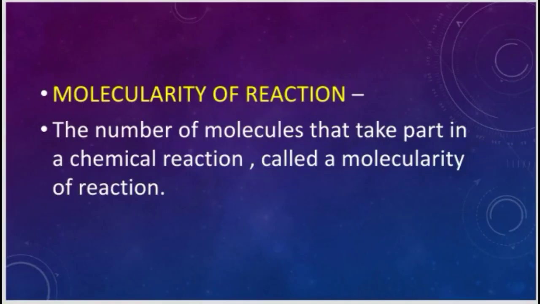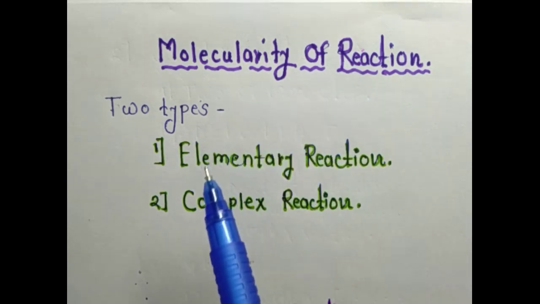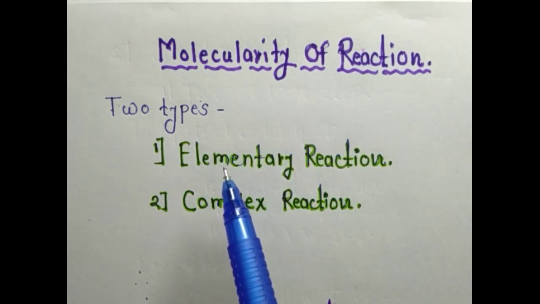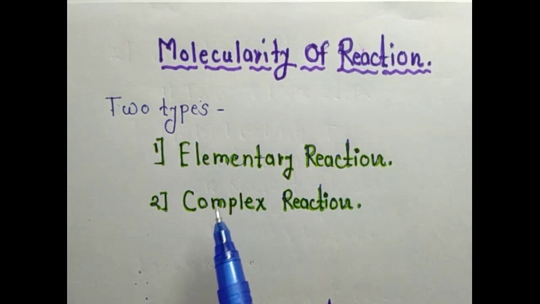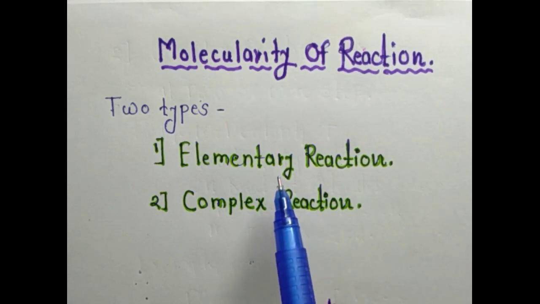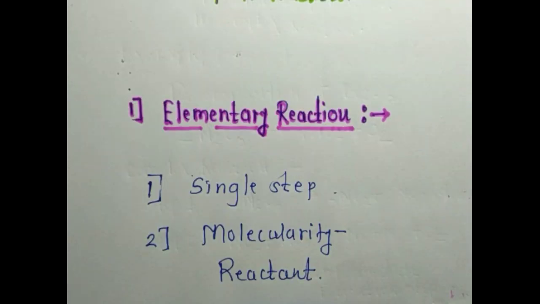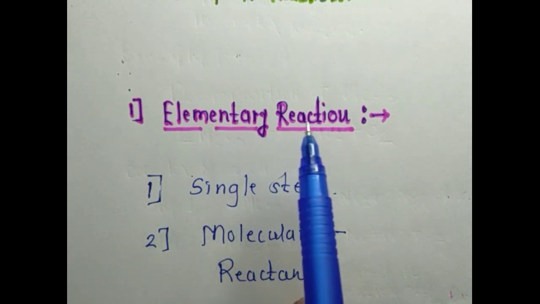Molecularity of reaction. The number of molecules that take part in a chemical reaction is called molecularity of reaction. This molecularity of reaction is classified into two types. Number 1, elementary reaction, and number 2, complex reaction. The first type is elementary reaction.